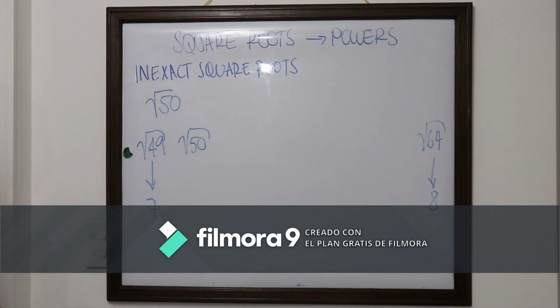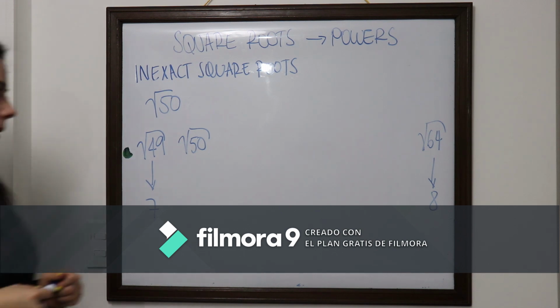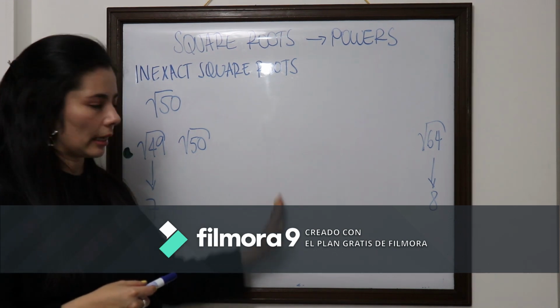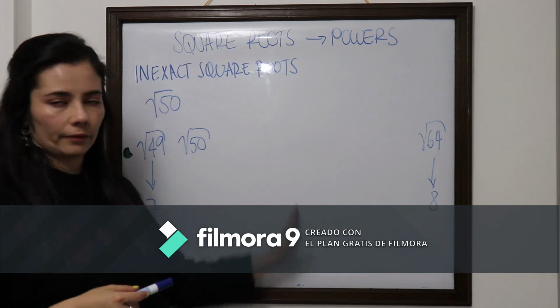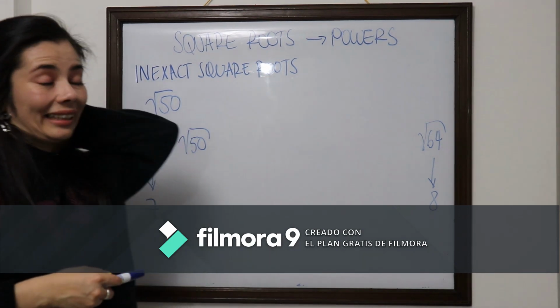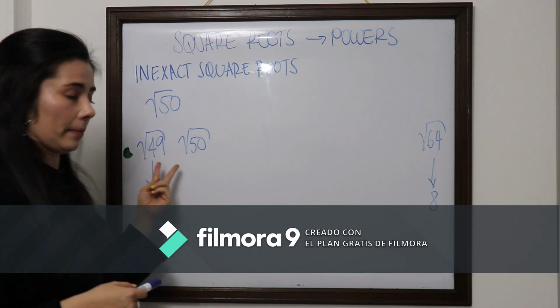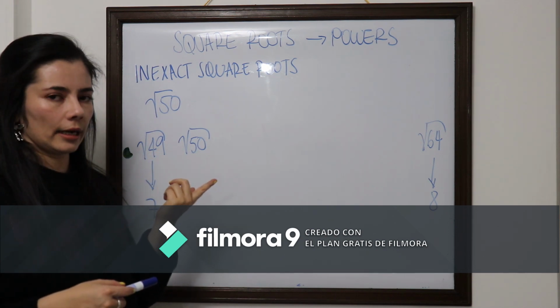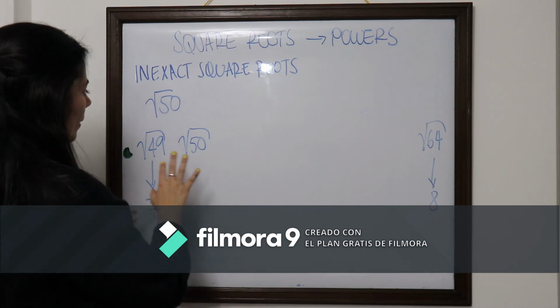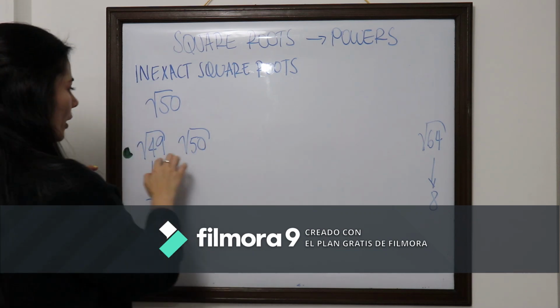It cannot be any bigger, definitely less than 7.5, and never actually greater than 7.2, because it's pretty much the next one. Now, how many numbers do we have between 49 and 64?